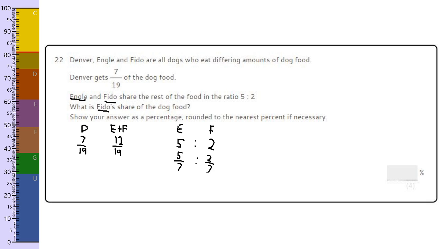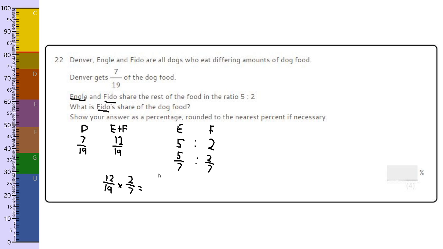Together they're getting 12/19, and he's getting 2/7 of that. Not easy. So to find the answer, you do 12/19, that's how much they're getting together, and then times it by 2/7, because that's his share of that 12/19.